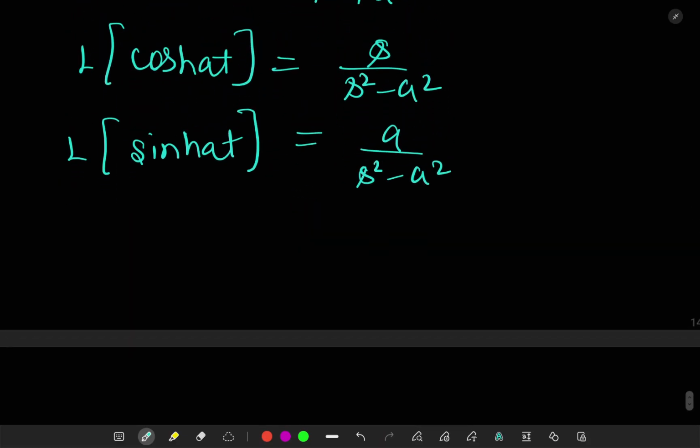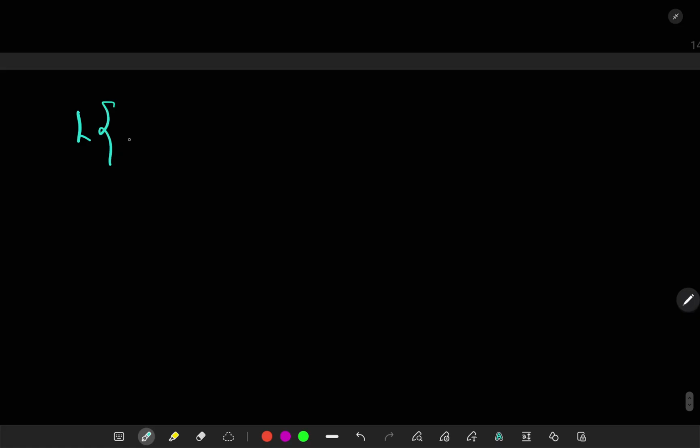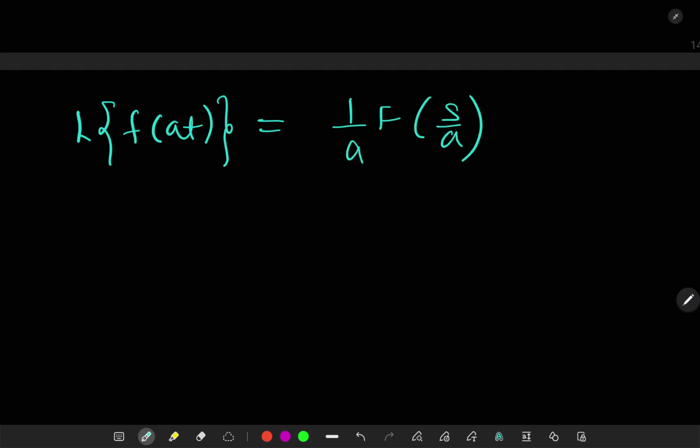Here are the properties of the Laplace transform. The Laplace transform of f(at) is equal to (1/a) F(s/a). The second property is the first shifting theorem.